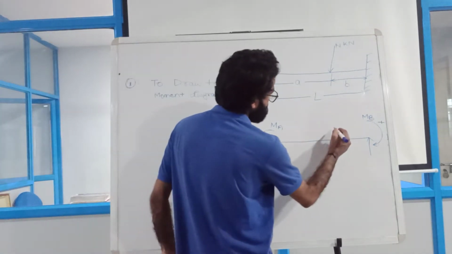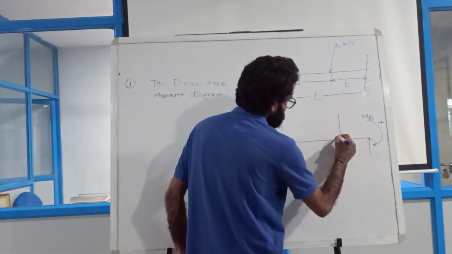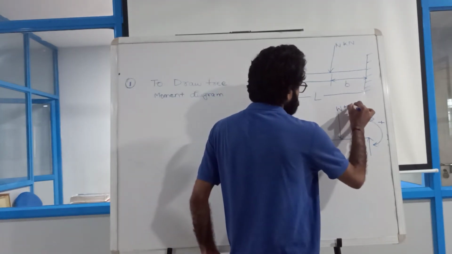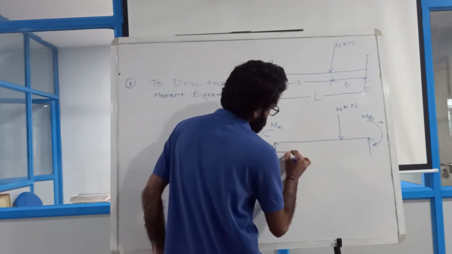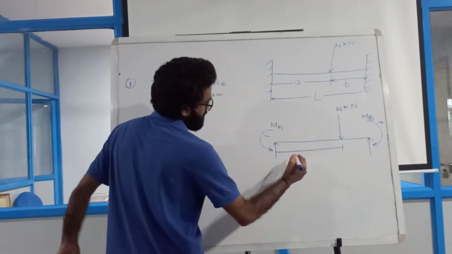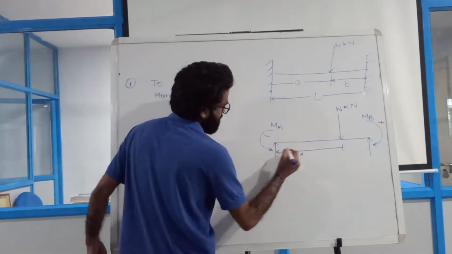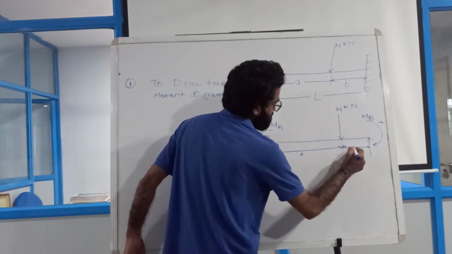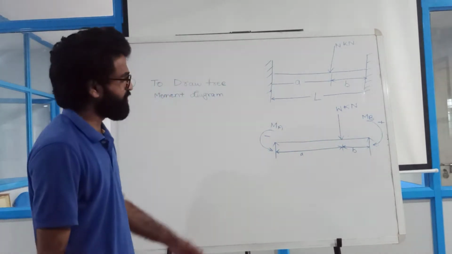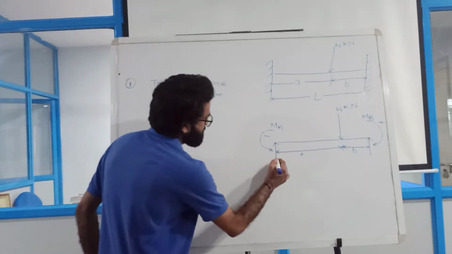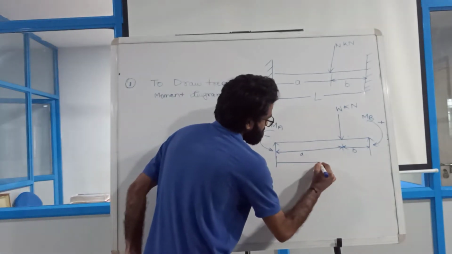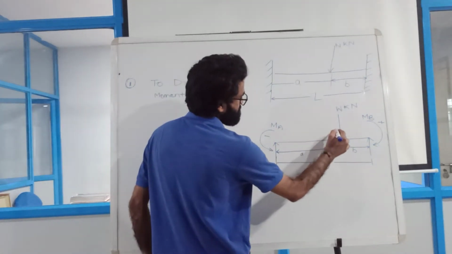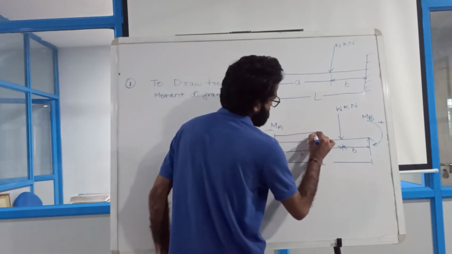So let us see, there is a particular load acting here, that is W, right? And the distance from here, this is A, and the distance from here to there is B. Very good. So if the full length is L, then how much is this particular distance in terms of length?